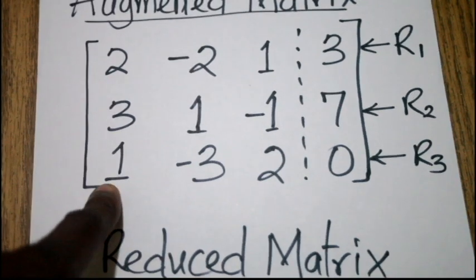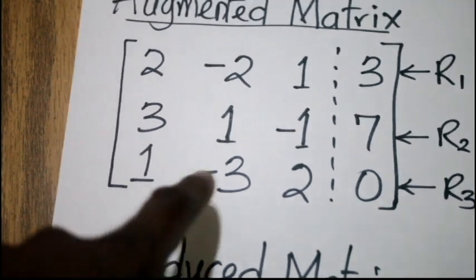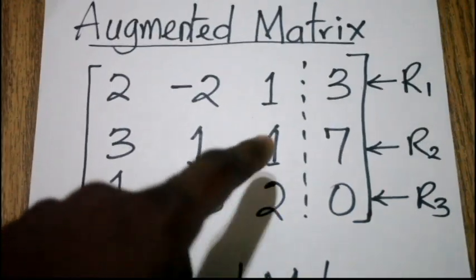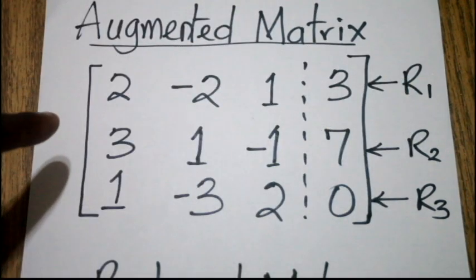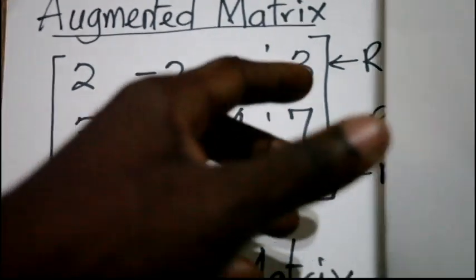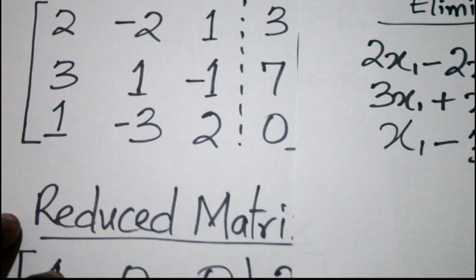So it has been extracted out in this place: 1, minus 3, 2, and 0. So these three form a perfect matrix, with 3 rows, from extracting the values from the system of linear equations we're given.